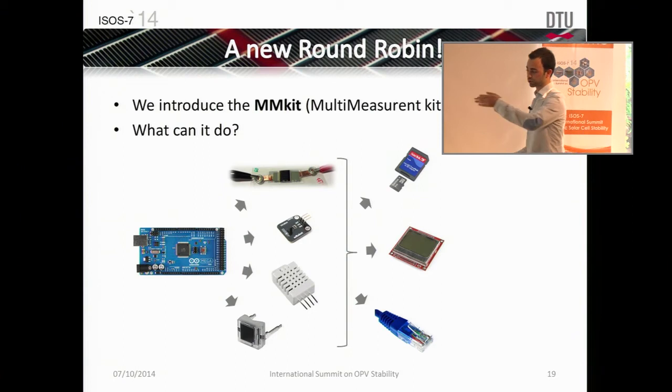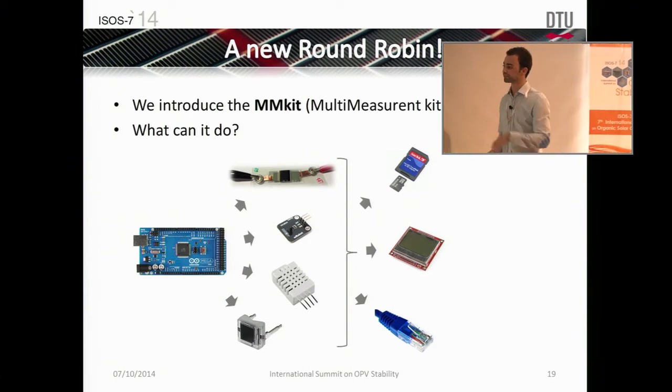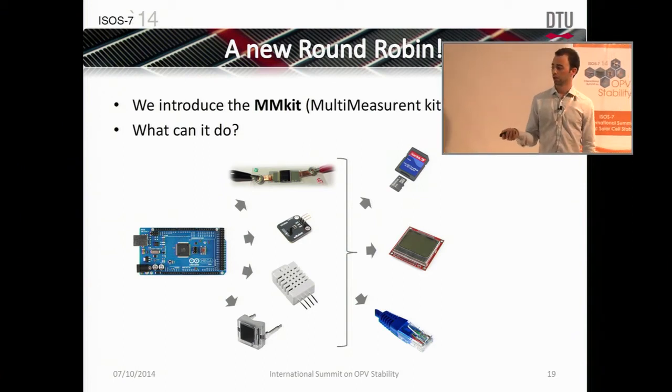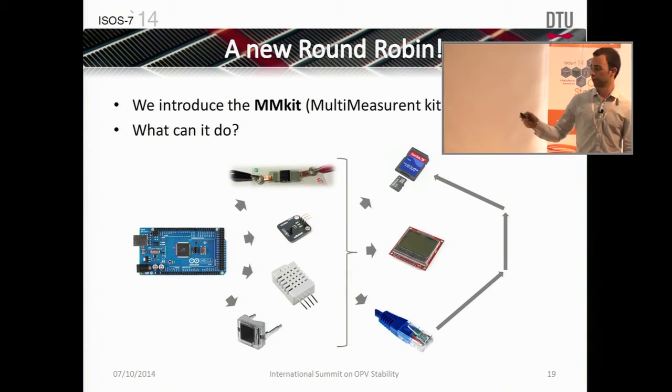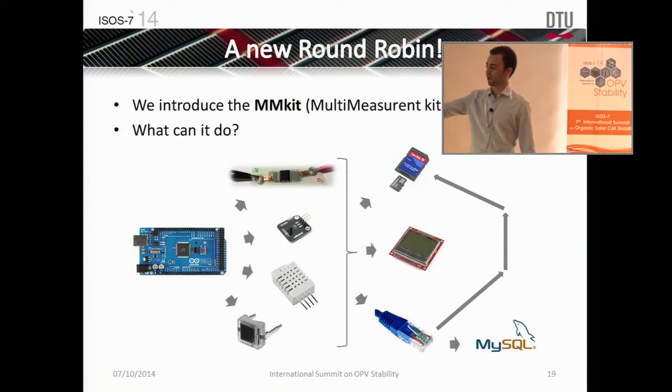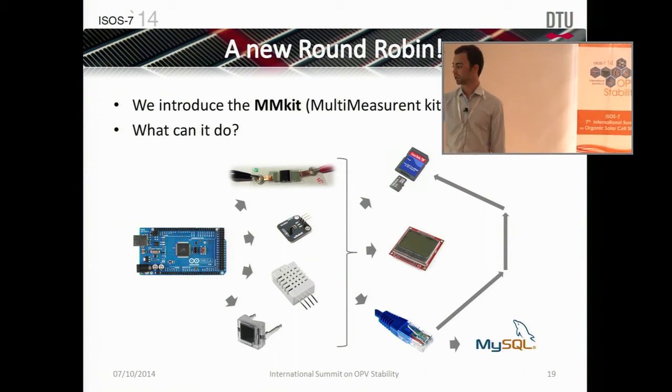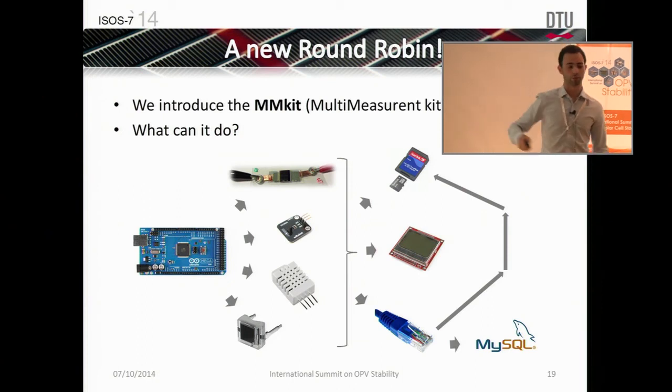You can also see the data you're measuring on a screen. And also, you can transfer the data with an Ethernet cable to the internet into an external database. The internet connection also allows you to browse directly to the Arduino and access the data stored on the SD card without turning off the device.